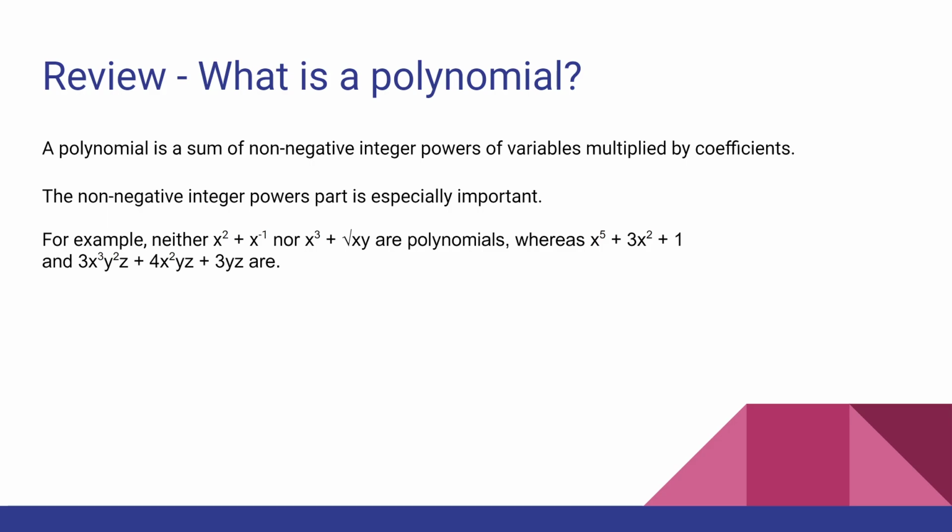So like 1 over x in our polynomial makes it not a polynomial. If we have something like square root xy, as in the example on the screen, then that would not be a polynomial. However, x to the fifth plus 3x to the second plus 1 and the other example shown on the screen are polynomials because they have non-negative integer exponents.